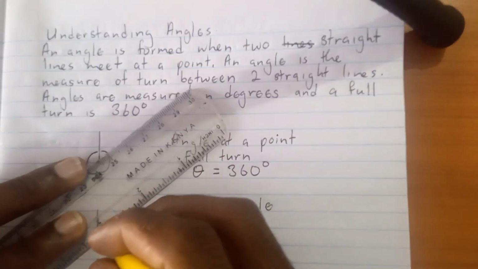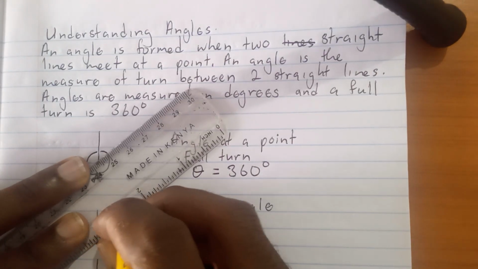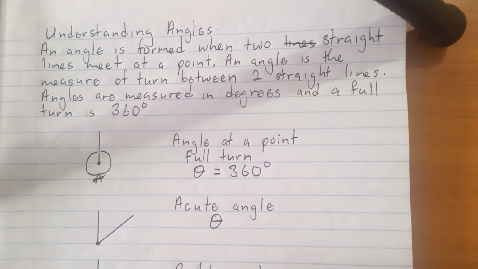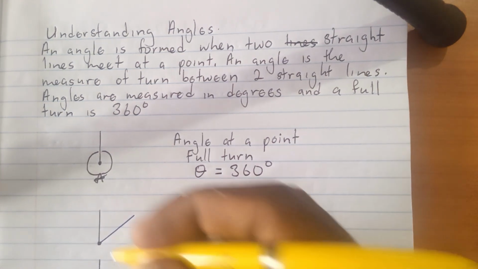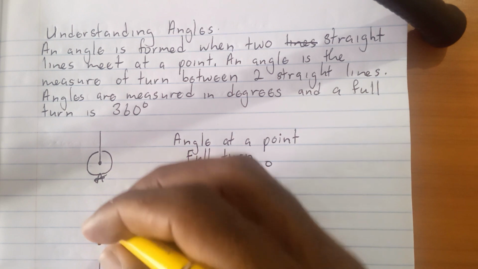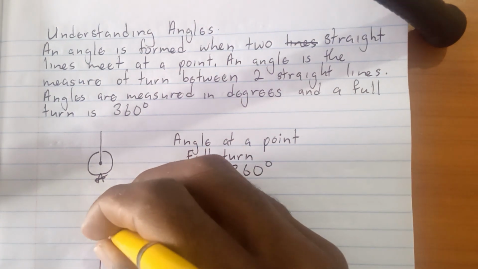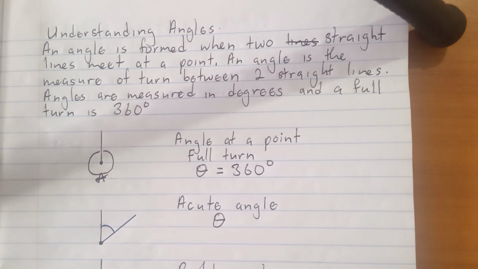So, for example, if I draw a line like that, from this original line all the way coming here, as you can see that part, this is what we call an acute angle.